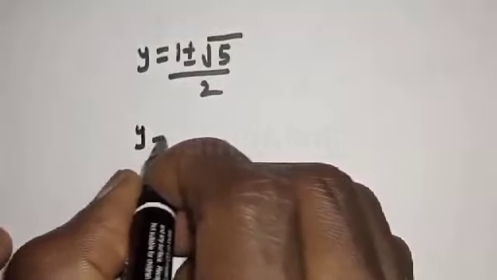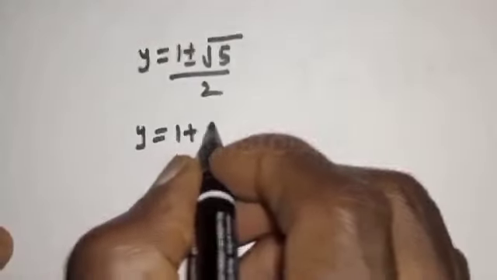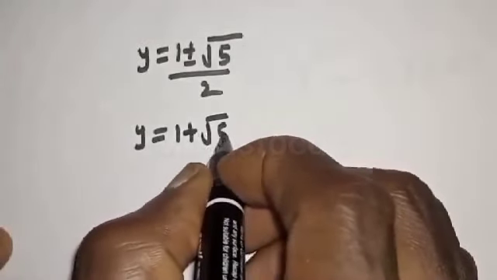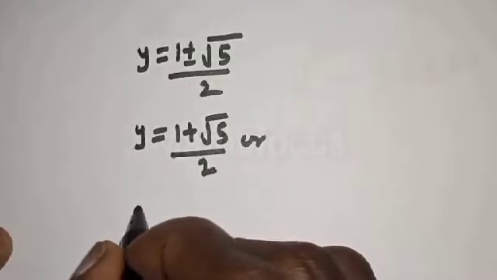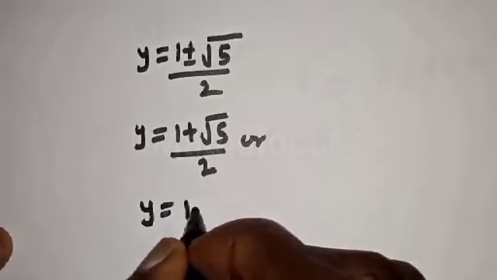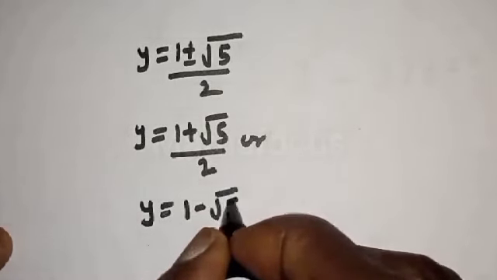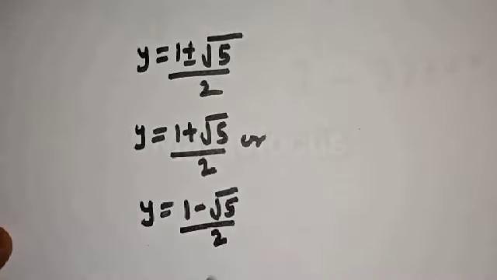Therefore, y is equal to (1 plus square root of 5) over 2, or y is equal to (1 minus square root of 5) over 2.